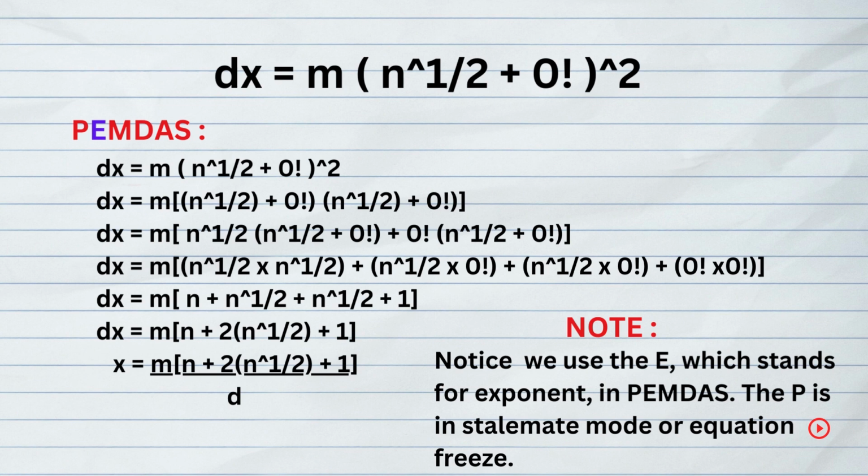Therefore, x is equal to m times [n plus 2 square roots of n plus 1], divided by d.